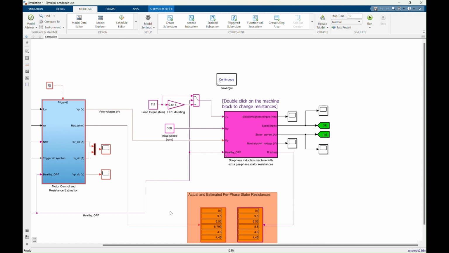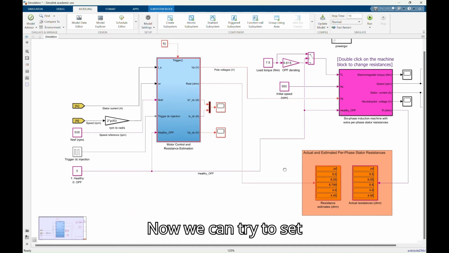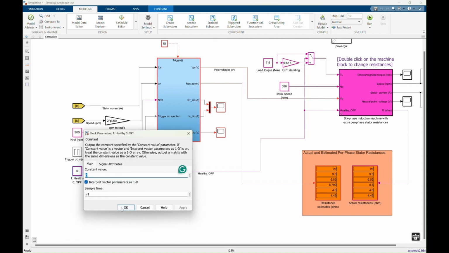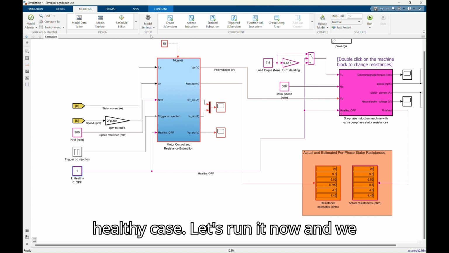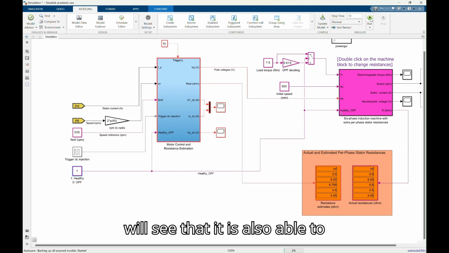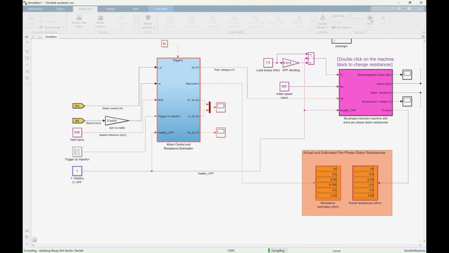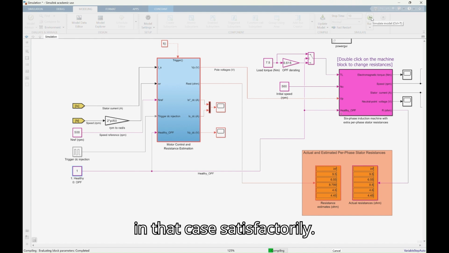Okay. So now we can try to set this variable to 1 so that we test the healthy case. Let's run it now, and we will see that it is also able to estimate the resistances in that case satisfactorily.